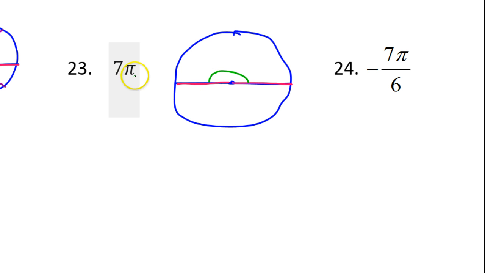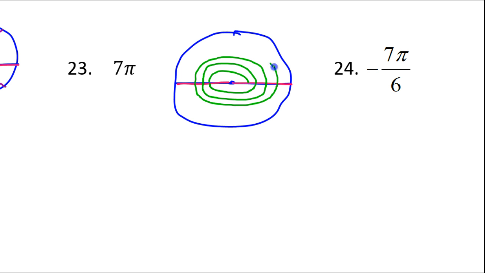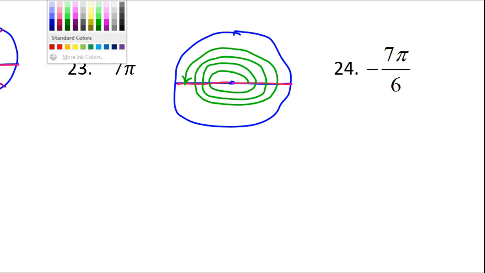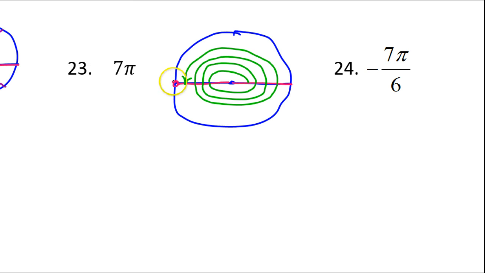Okay, but we're doing 7 pi, so this is 1 pi, 2 pi, 3 pi, 4 pi, 5 pi, 6 pi, 7 pi. So 7 pi is going to put us right here. Okay, the coordinates of this point are negative 1, comma 0.